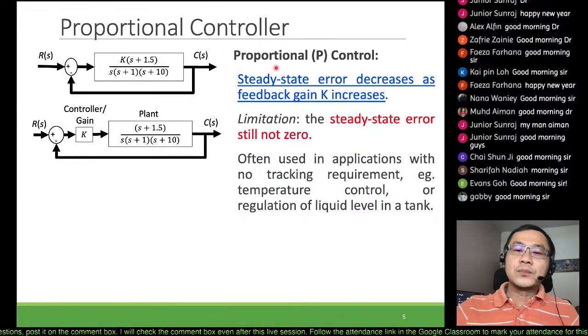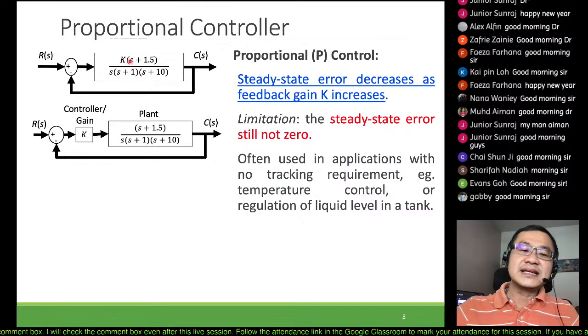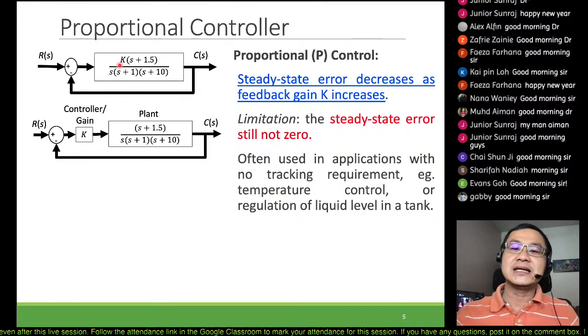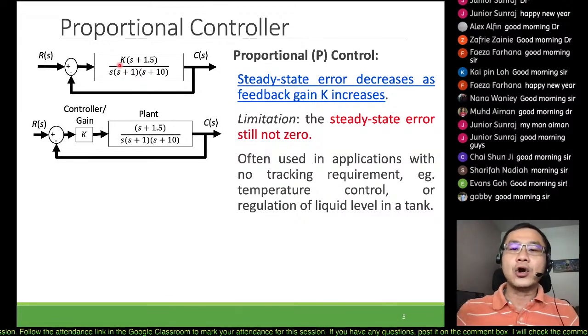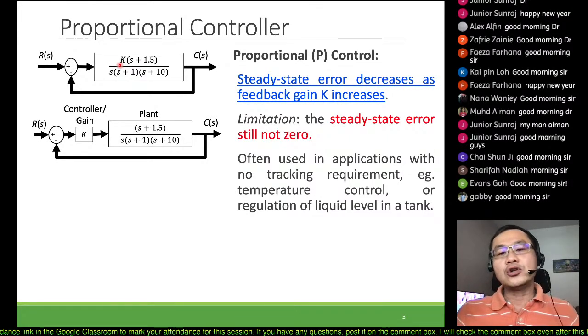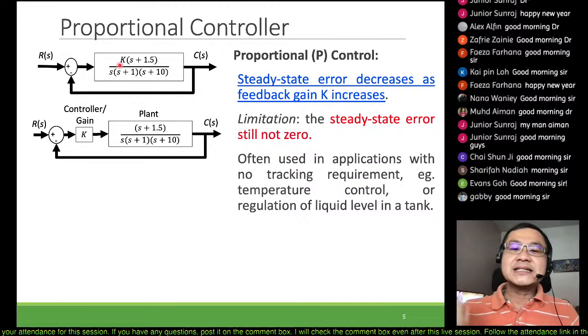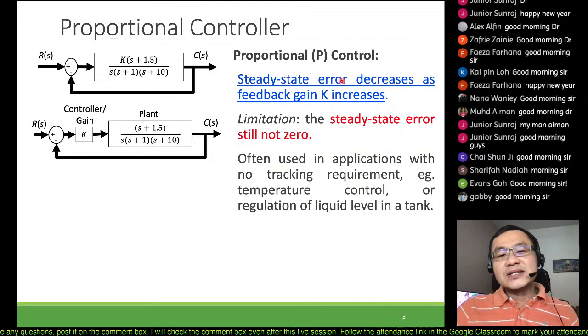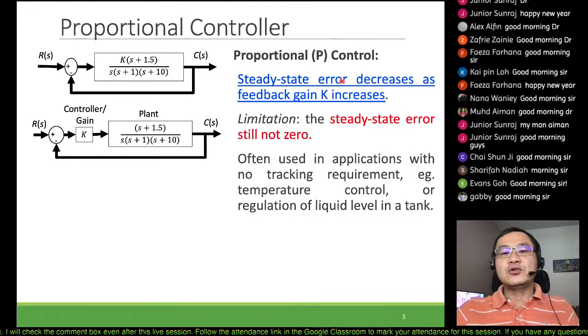Proportional control is controlling the K value, where you multiply by these factors proportionally. So we call that proportional control, and proportional control is able to decrease the steady state error when we increase the gain, or the K value.